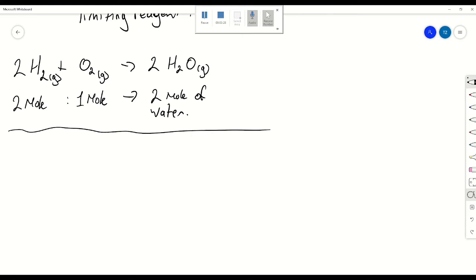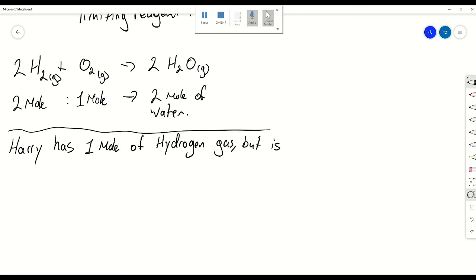So, let's go Harry, because we don't have a Harry in our class. Harry has 1 mole of hydrogen gas, but is thirsty and wants to drink water.